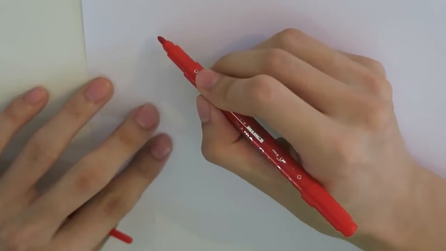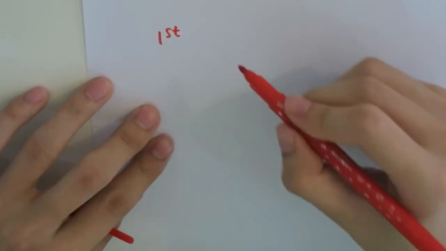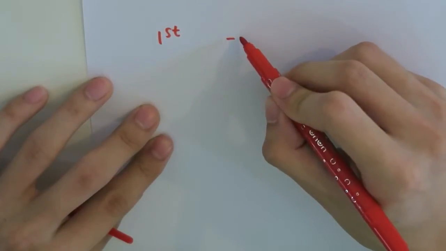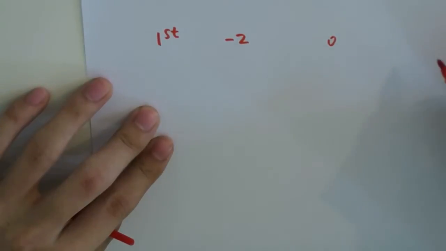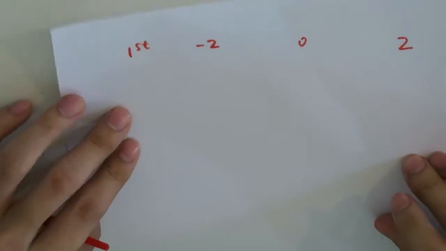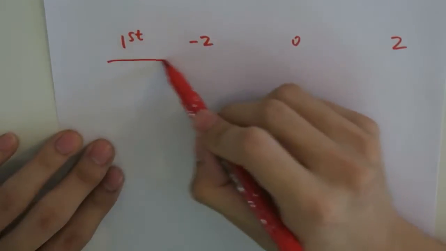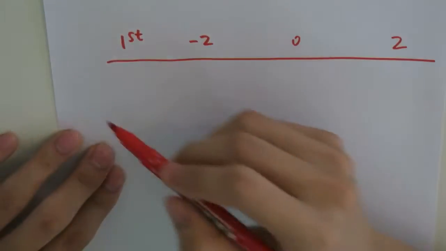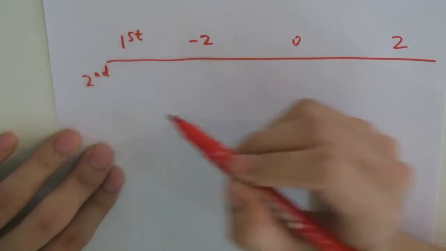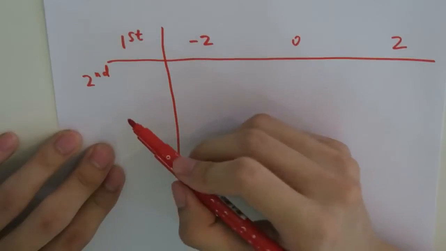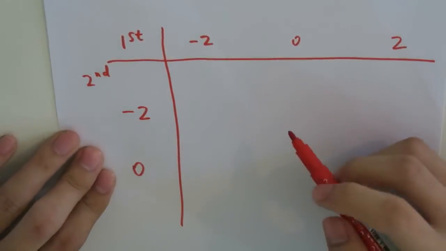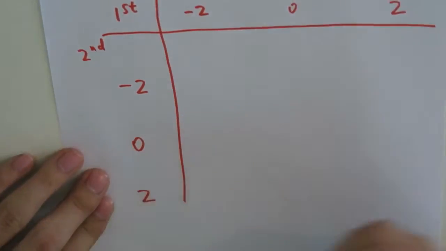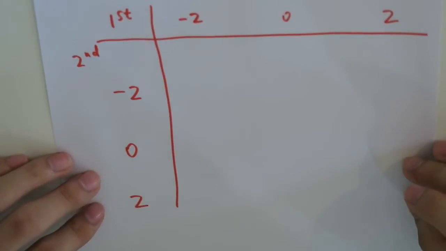So the first observation, we may get -2, we may get 0, we may get 2. Okay, this is the first observation. Then for the second observation, we may get -2, we may get 0, and we may get 2.